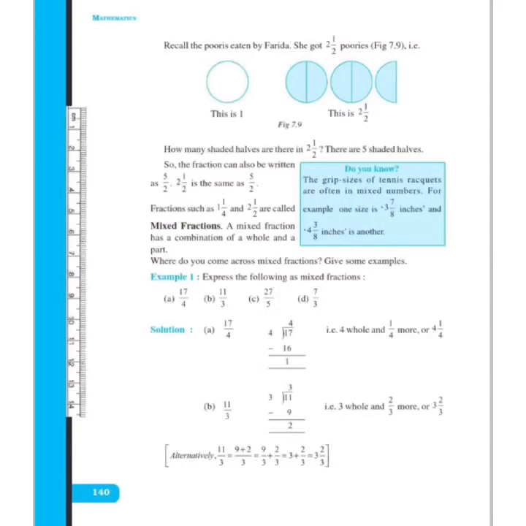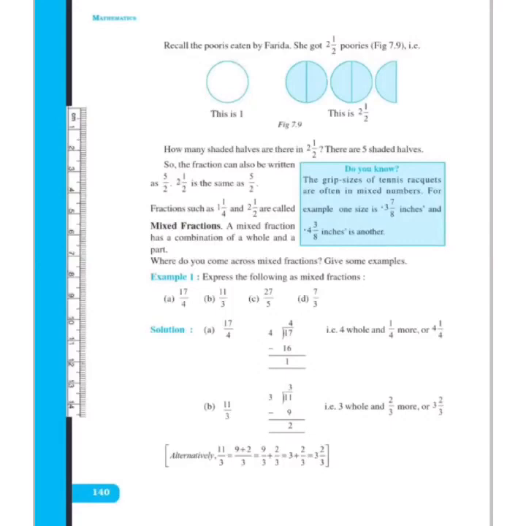Now children, we have some examples of how to express mixed fractions. Okay, children, remember this, that only an improper fraction can be converted into a mixed fraction. So the first example you can see here is 17/4. Children, when we divide 17 by 4, we get 4 as the quotient and 1 as the remainder.